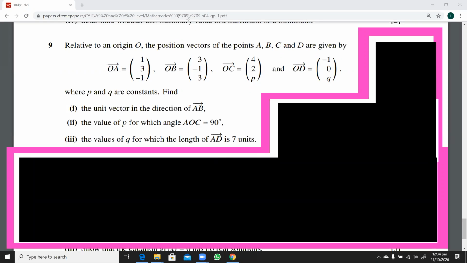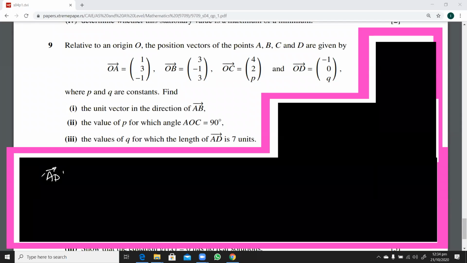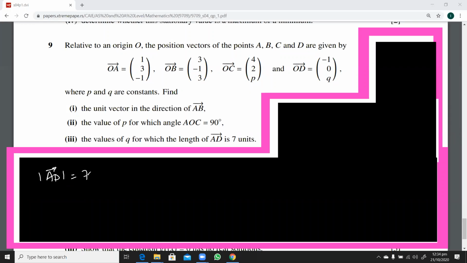So we are given the magnitude of AD is 7. Let's find this AD first of all. That is OD minus OA. So OD is minus 1, 0, Q. OA is 1, 3, minus 1.